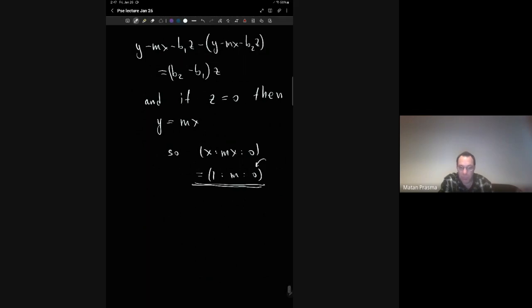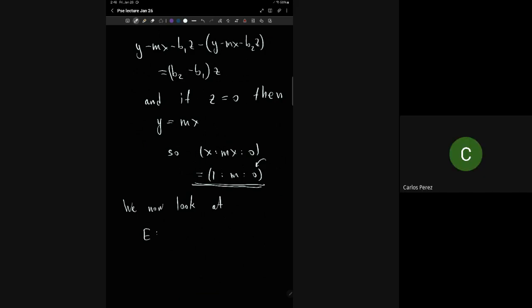I mean, the projective version of the polynomial of the elliptic curve, right? So we now look at, yes, sorry, Matan, just one more question. According to this, which indeed kind of makes sense with what I was thinking, a point which has z coordinate 0 is a point that we cannot get back into affine coordinates.